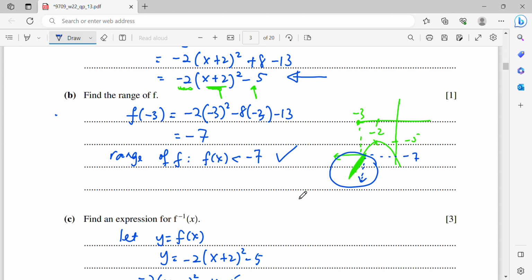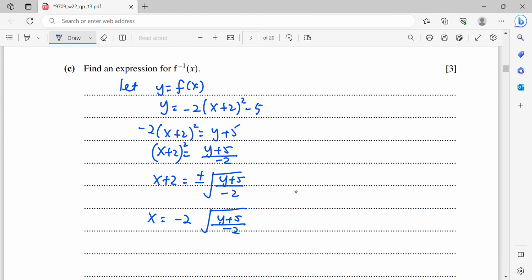I mean, it is less than negative 7. Now, to get less than negative 7, we have to choose minus. Okay? So this is how we decide whether you choose plus or minus. It depends on the range. So now, once you get the x as the subject, change it to f inverse, and followed by changing the y to x. So this will be our inverse function.